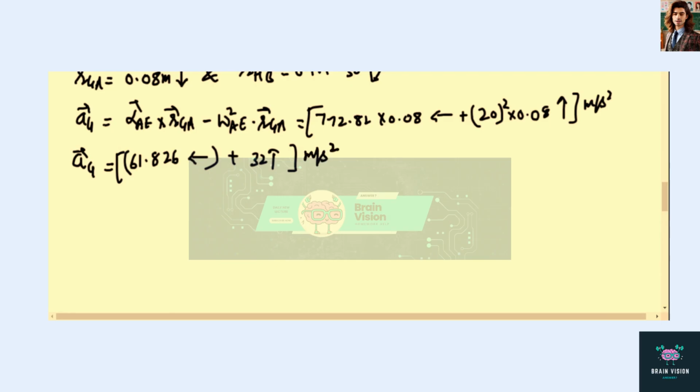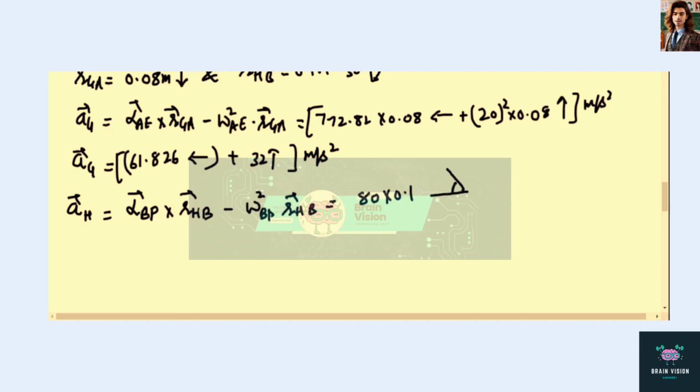Similarly, acceleration of H will be cross product of angular acceleration of BP rod and position vector of H with respect to B, minus omega square BP position vector of H with respect to B. Substituting the values, 80 into 0.1 in the direction 60 degree above horizontal line plus 20 square into 0.1 above the horizontal line by 30 degree.